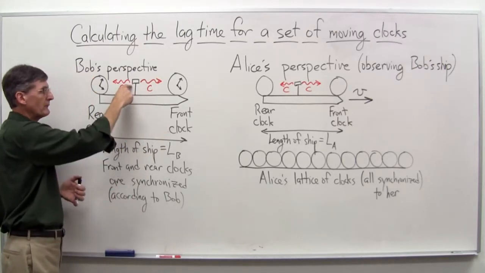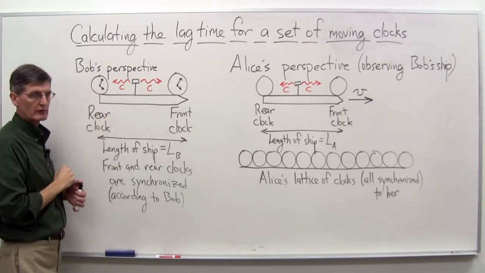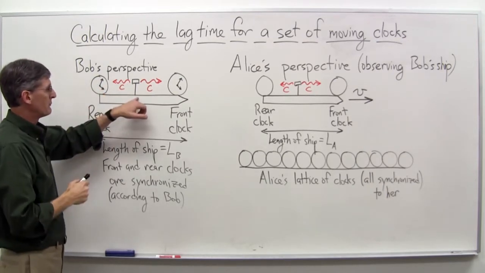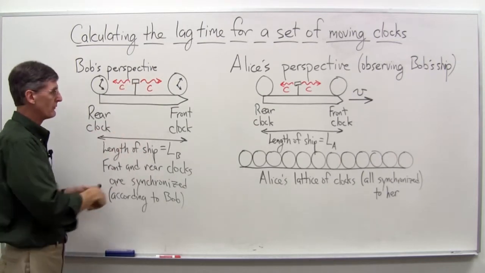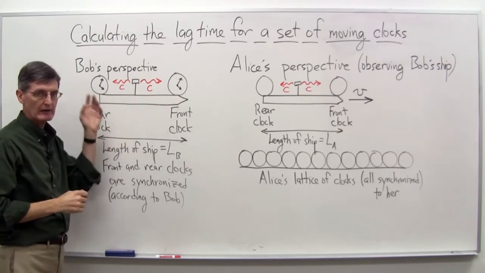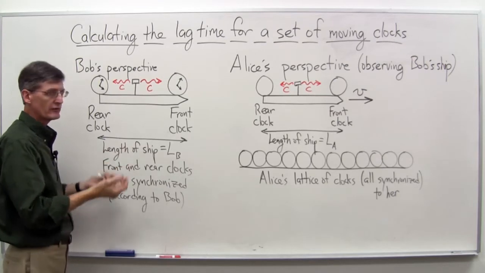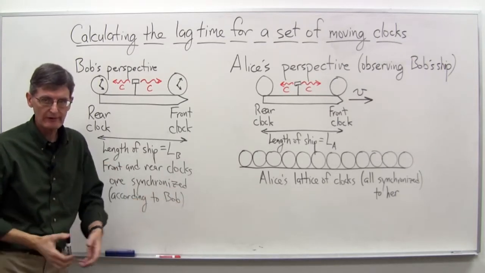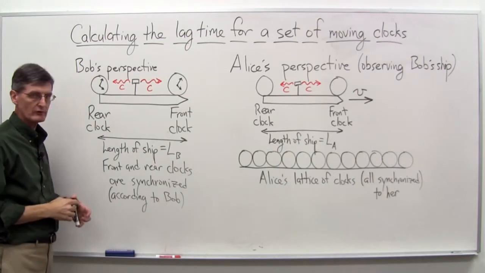At the same time, the rearward-going light beam travels back and hits the rear clock. The device is exactly positioned in the middle of his ship, and so clearly to Bob, the two light beams are going to trigger the flash photographs at the back and front of his ship at the same time. Everything is synchronized, so there really is nothing too interesting going on as far as he is concerned.